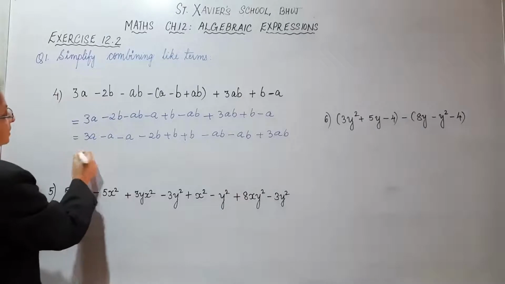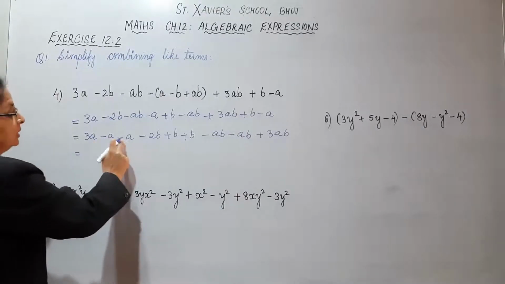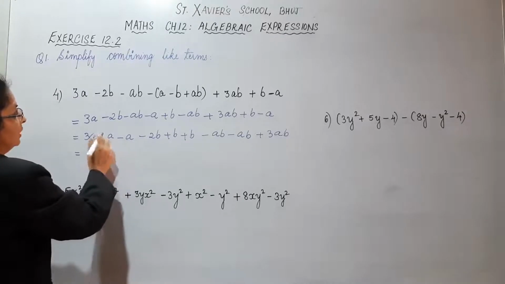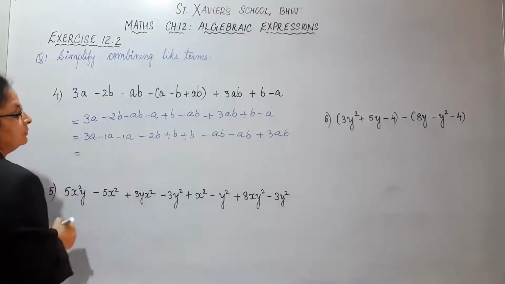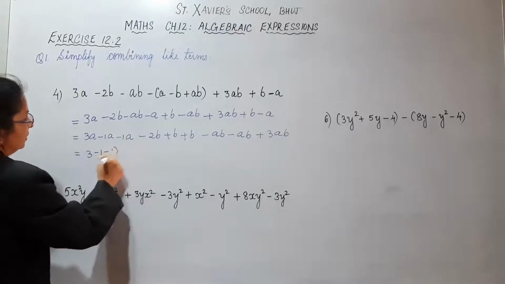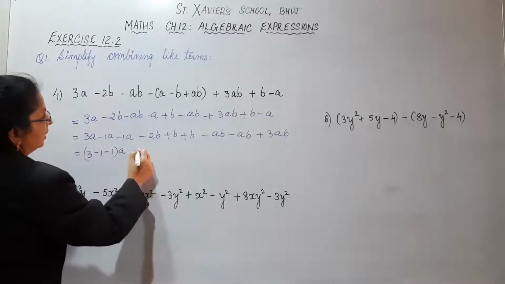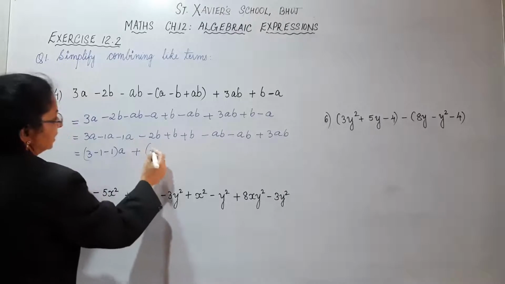Now let us solve the like terms. If there is no coefficient given, then the coefficient will be 1. So 3 minus 1 minus 1 a. Now I am taking the plus sign outside and taking the minus sign inside.